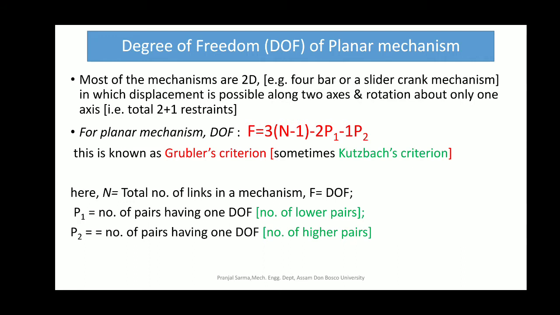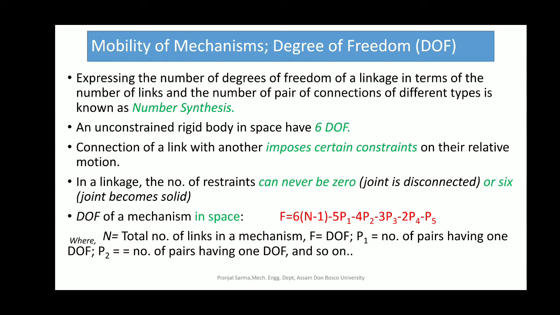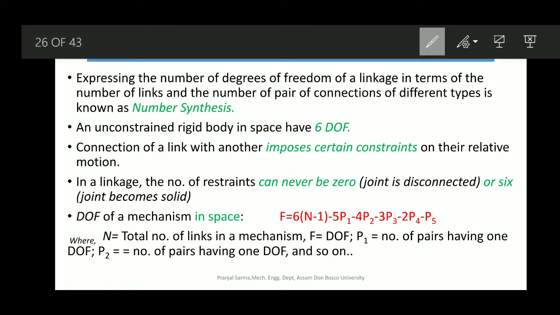Now at this time, I just want to go back to the previous case. How basically have we obtained this particular equation? See, it is expected that you already know that an unconstrained rigid body in space has 6 degrees of freedom. So if n is the total number of links, that means we have n such rigid bodies.